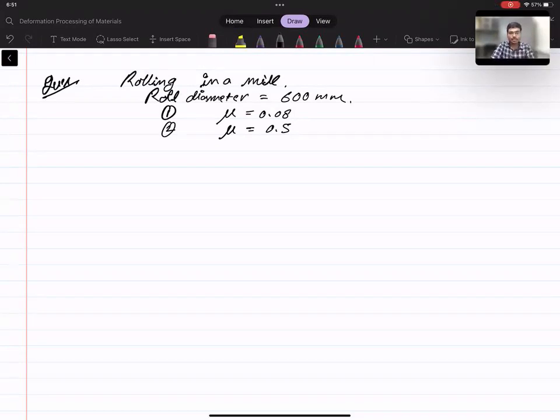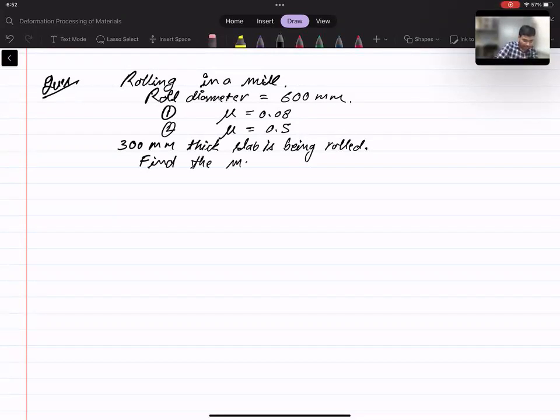So these are the values, and suppose a 300 mm thick slab is being rolled. We have to determine the maximum draft possible, or maximum reduction possible, in both of these cases. Find the maximum reduction.